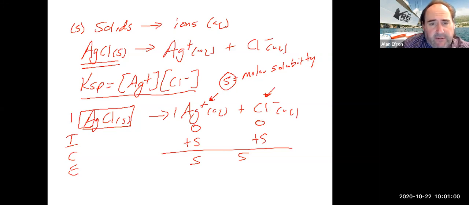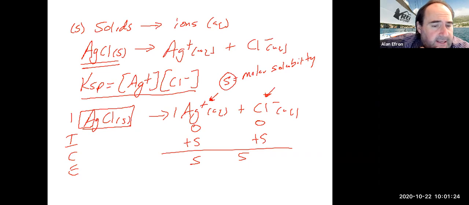We also then started to talk about some things that do affect the solubility. There are several things that affect the solubility. One thing we talked about at the very end last time was the common ion effect. In the common ion effect, we have an ion that is in common with our solid.